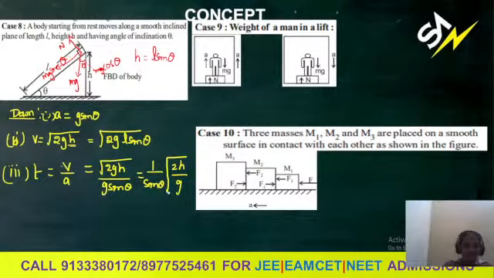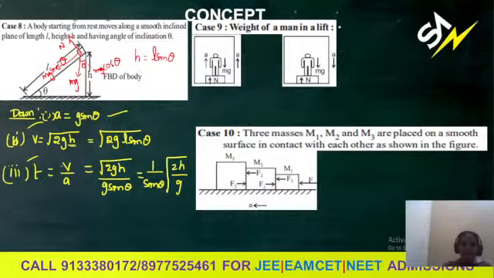So when an object is on a smooth inclined surface at rest, it has the tendency to move down. So they can ask what is its acceleration, velocity, and time taken to reach the bottom.